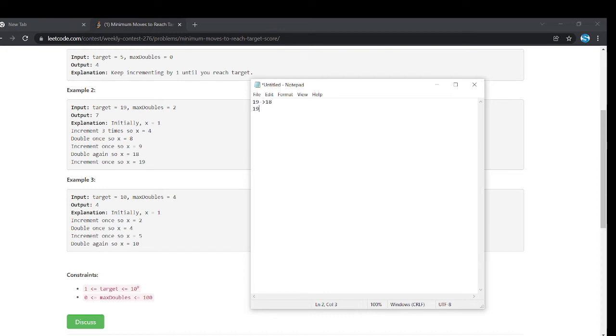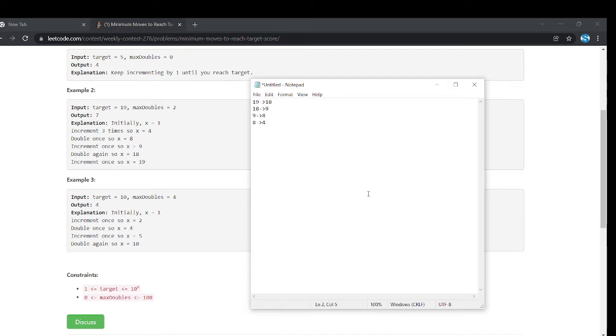The second step would be to divide it so that we can reach a lower number. Third step, again we have reached an odd number, so decrement it by 1 so that we can turn it into an even number, 8. And then the fourth step would be to divide this number by 2 to make it 4.